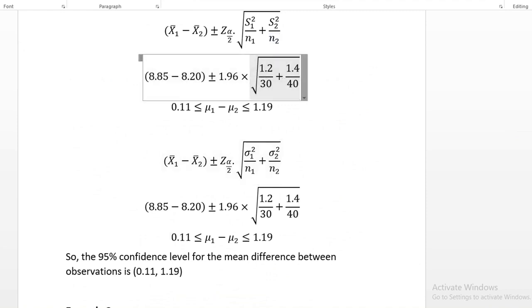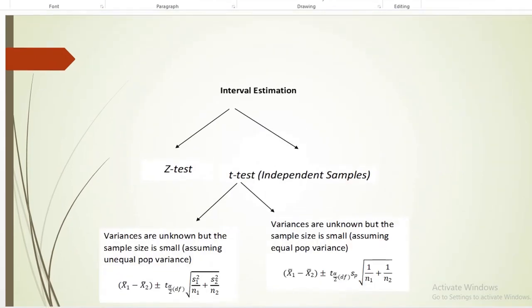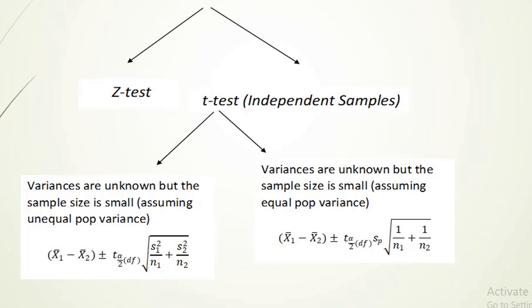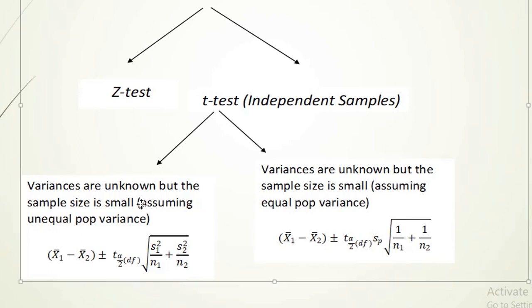So coming to our second example, the t-test. In the t-test, remember we are talking about independent samples. In the case of the t-test, we again have to use two different approaches. One is with variances unknown, but sample size large, assuming unequal population variances. What does it mean?